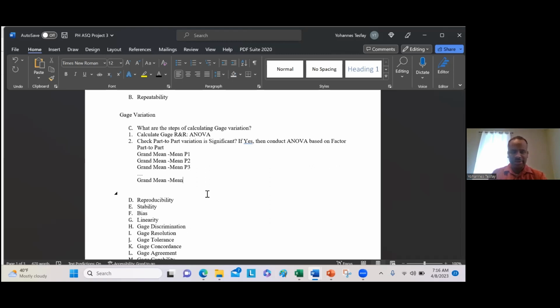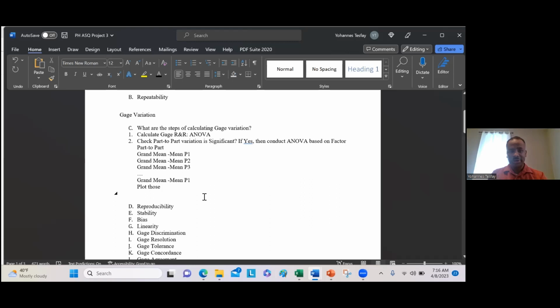Grand mean minus the mean of part 10. Then you are going to just plot those.